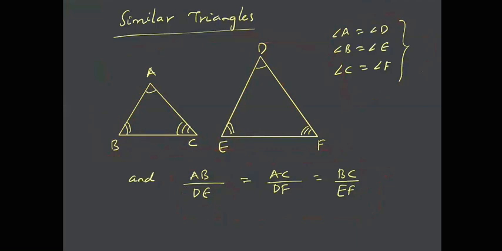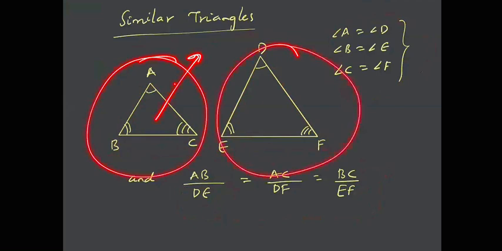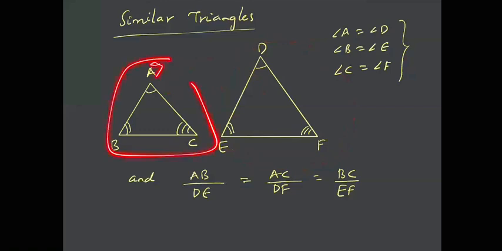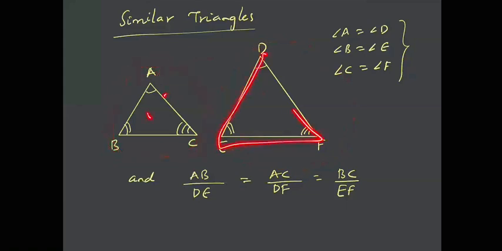Similarity means they are the same in shape, right? If you zoom in this triangle, then you will get this triangle. If you zoom out this triangle, then you will get this triangle. By extending this triangle in a fixed proportion, you can get this triangle.